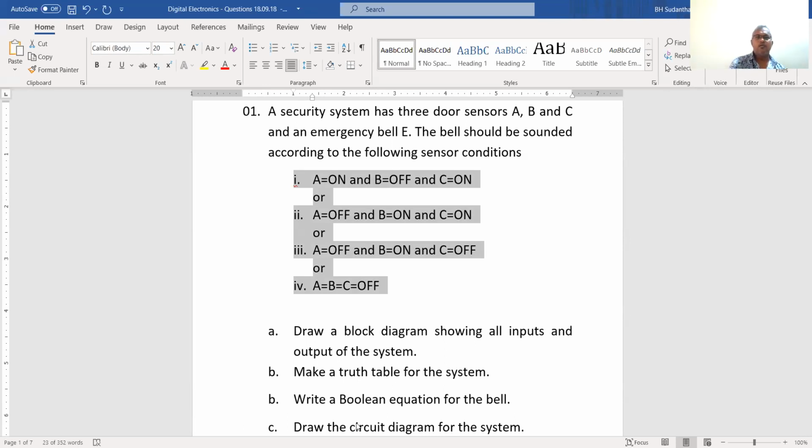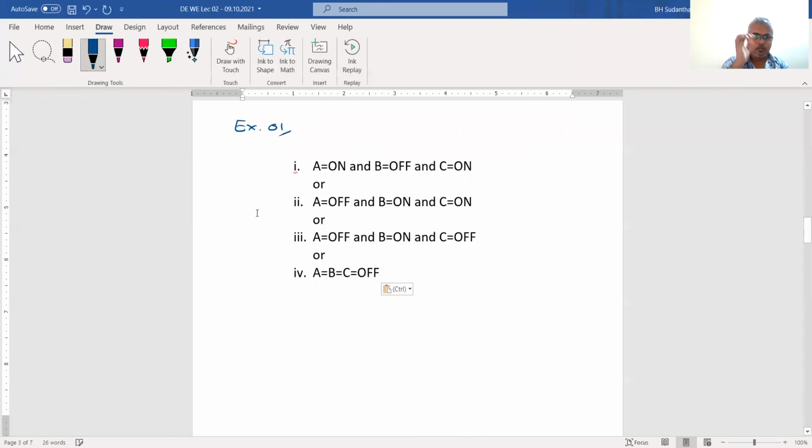Okay, I think you have done it, maybe. These are the 4 combinations we have to consider.